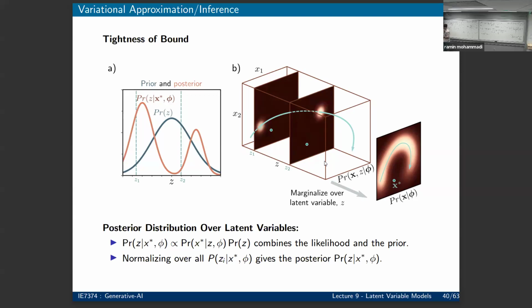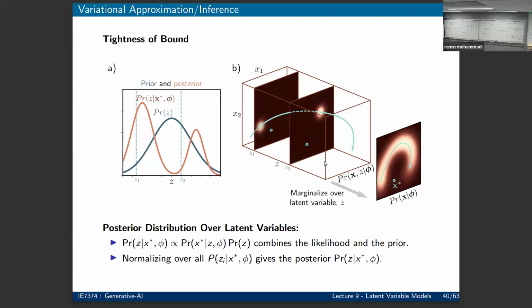Now, for example, in this image, consider the sample x star. See this blue point on this image. So you have a sample image. This is the x star. Then you look across the first dimension, the first latent variable z, and you sample from it, and it comes from this region.